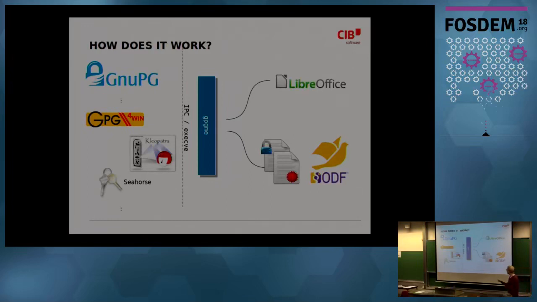We use the GPGme library, that's a C library for using this for signature and encryption stuff. We actually use GPGme++, and that's a small C++ wrapper around this. So our work was on the LibreOffice side, integrating the existing programs.